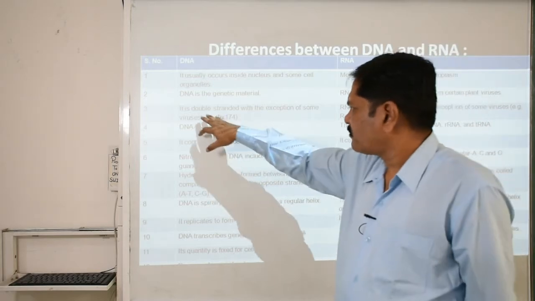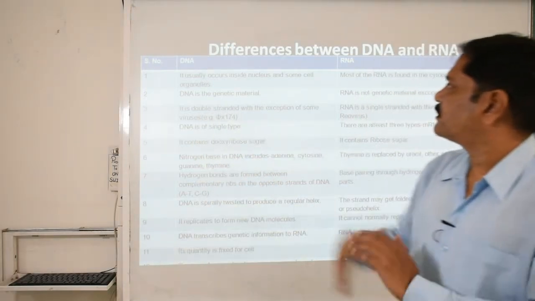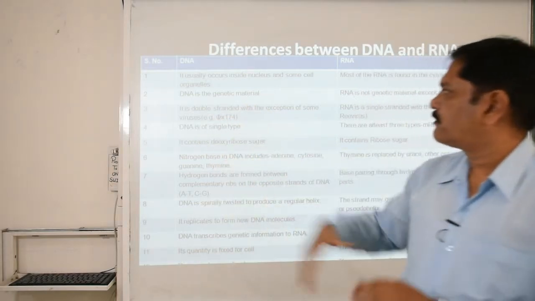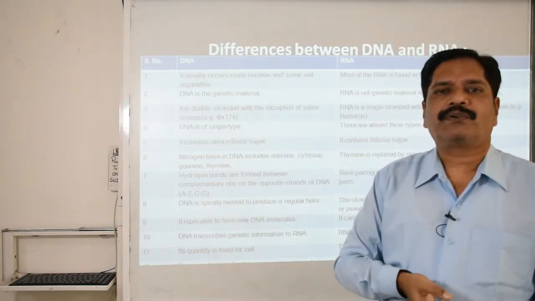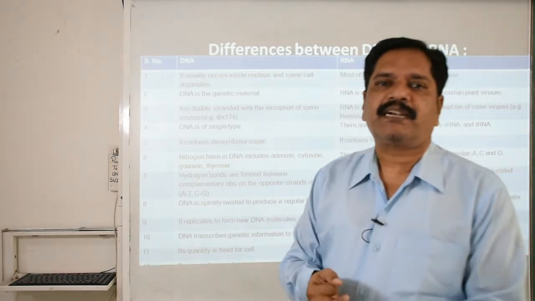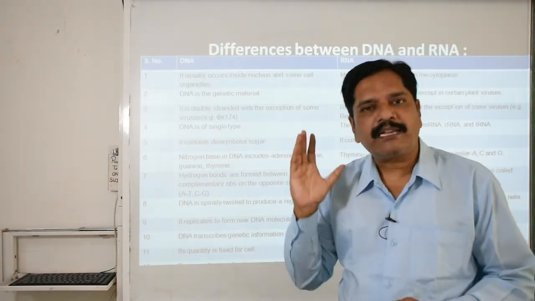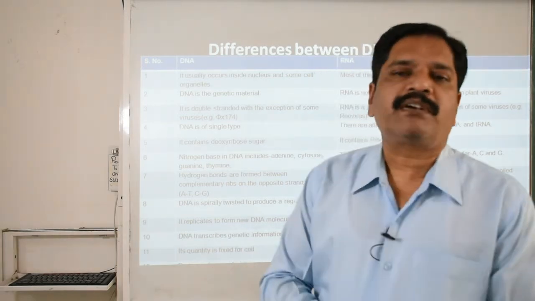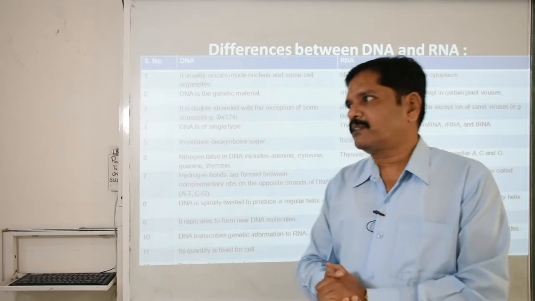Basically DNA is double stranded, but exceptionally it is also found single stranded in some viruses like phage phi X174. Remember, this is exceptional. Otherwise in almost all organisms where DNA is present, it is double stranded.